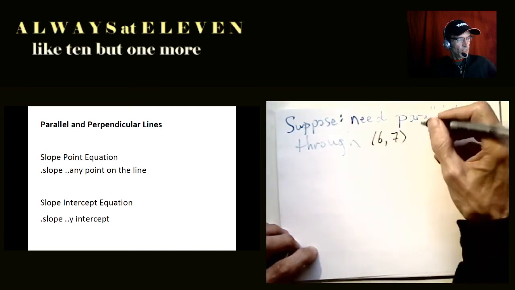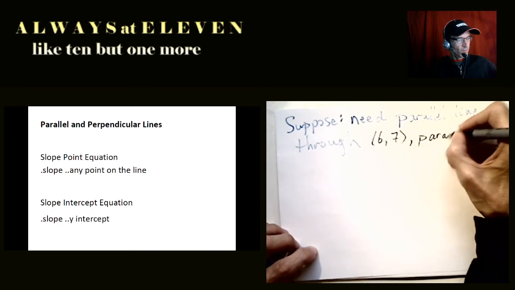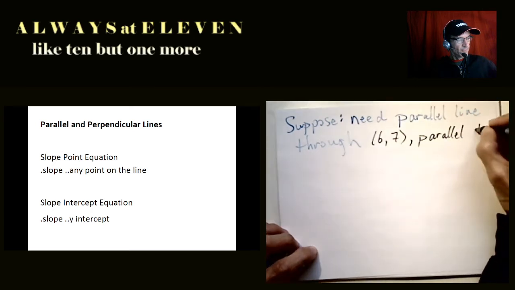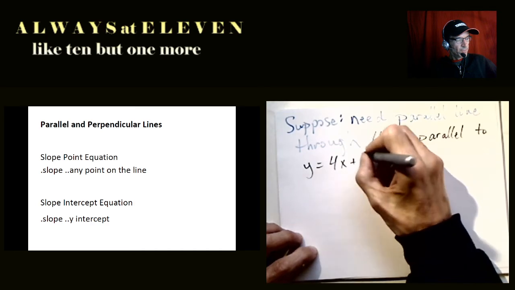A parallel line through 6, 7, parallel to y equals 4x plus 3.